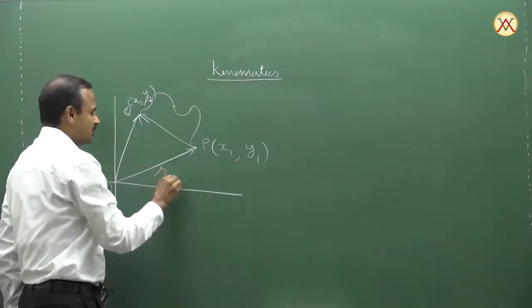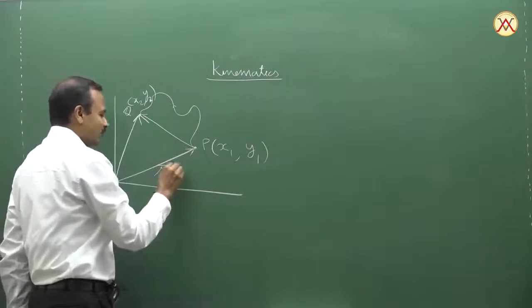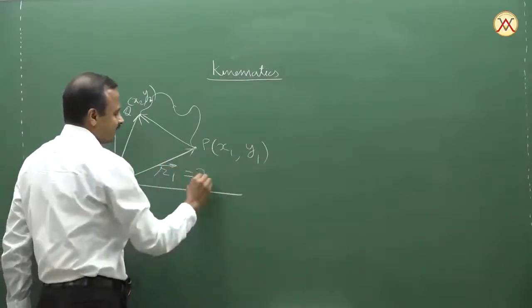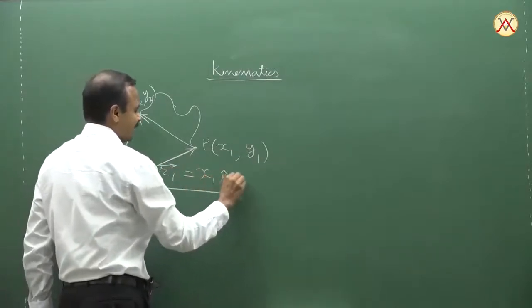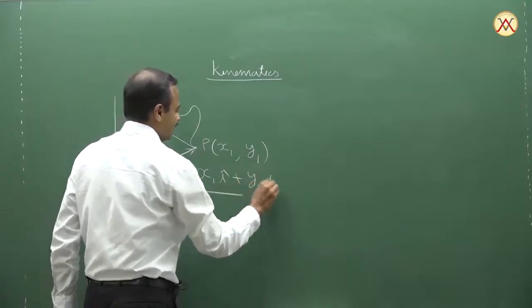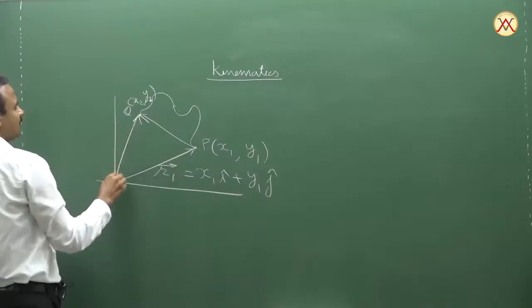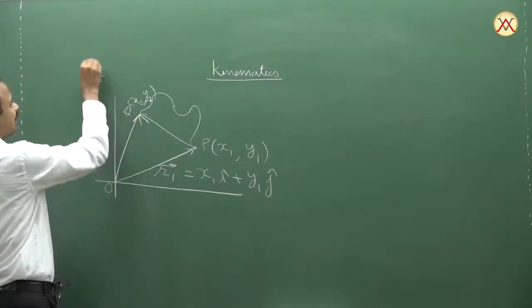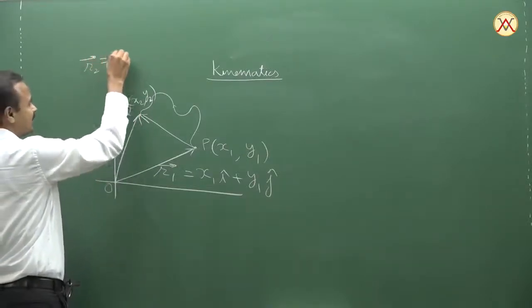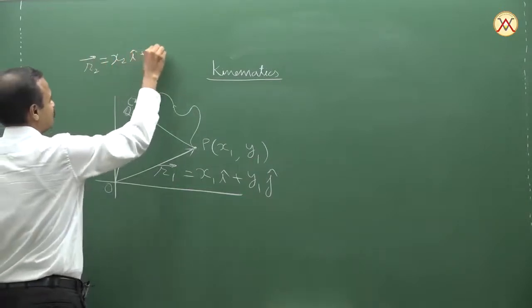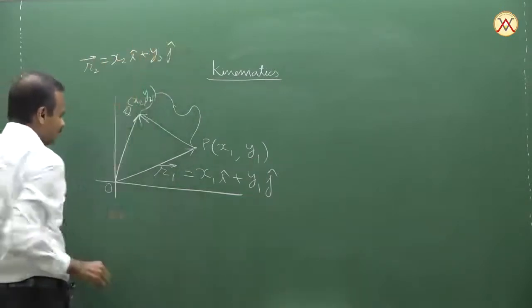If I call the position vector r1 vector, I can write it in terms of coordinates as x1 i cap plus y1 j cap. Final position vector r2 vector from O to Q can be written as x2 i cap plus y2 j cap.